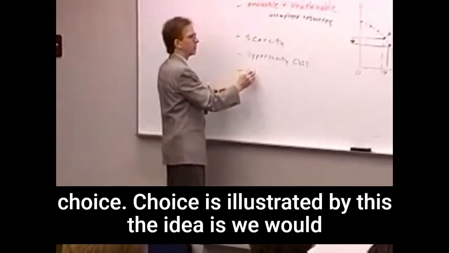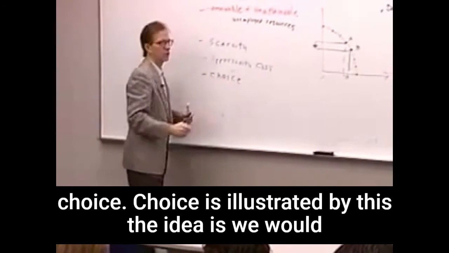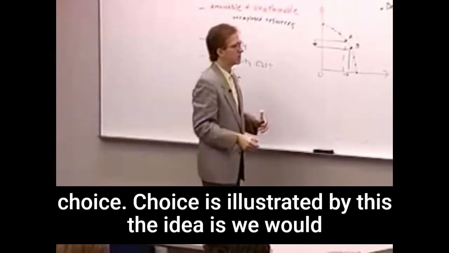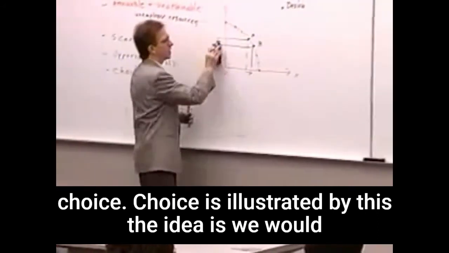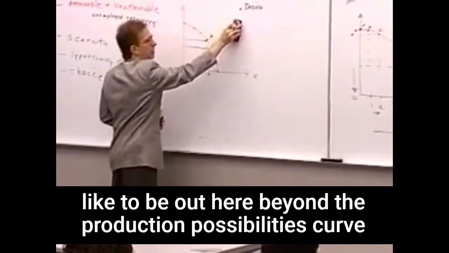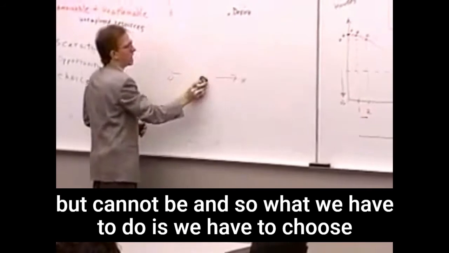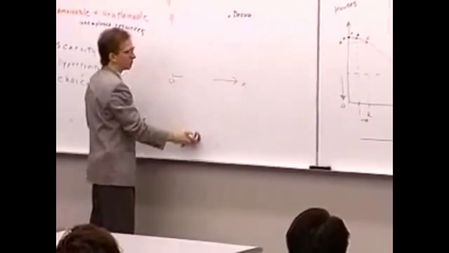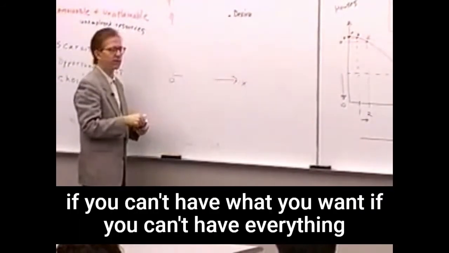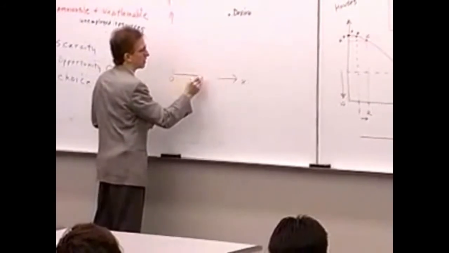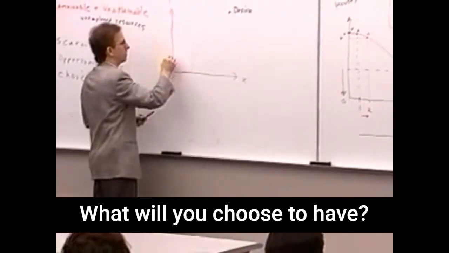Choice. Choice is illustrated by this. The idea is we would like to be out here beyond the production possibilities curve, but cannot be. And so what we have to do is we have to choose. If you can't have everything you want, what will you choose to have?